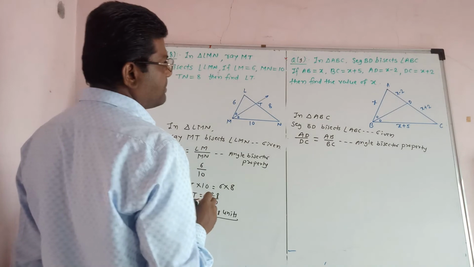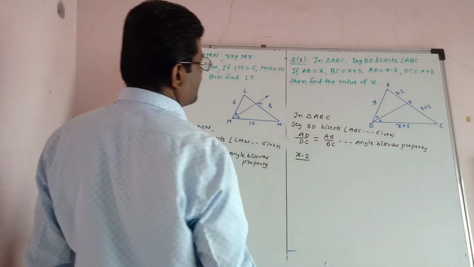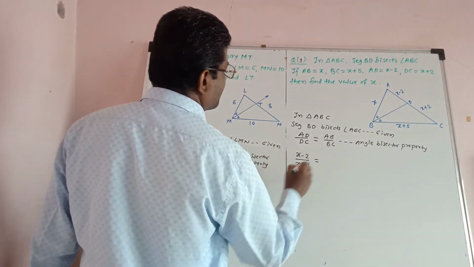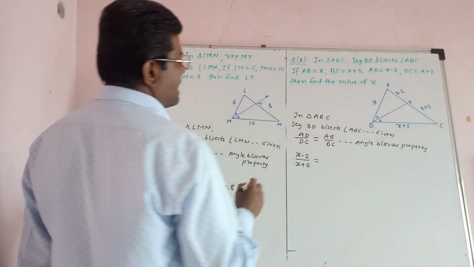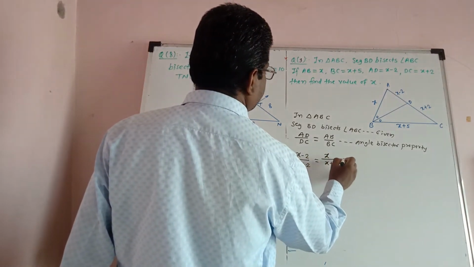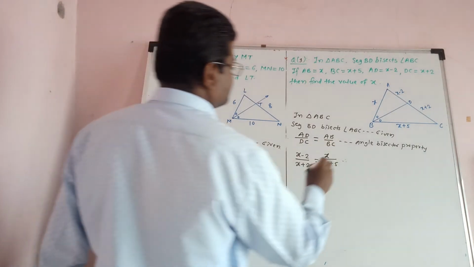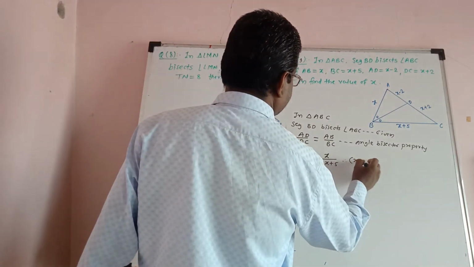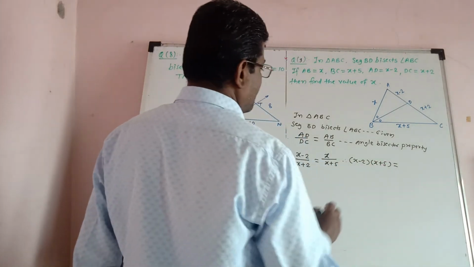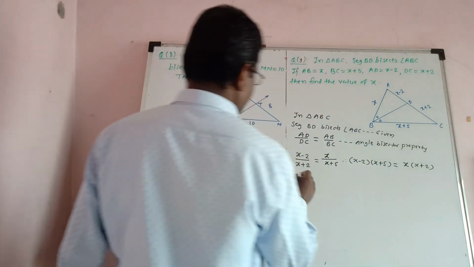Now value of AD x minus 2, value of DC x plus 2 is equal to value of AB x and BC is x plus 5. Therefore, cross multiplication, x minus 2 into x plus 5 is equal to x in bracket x plus 2.